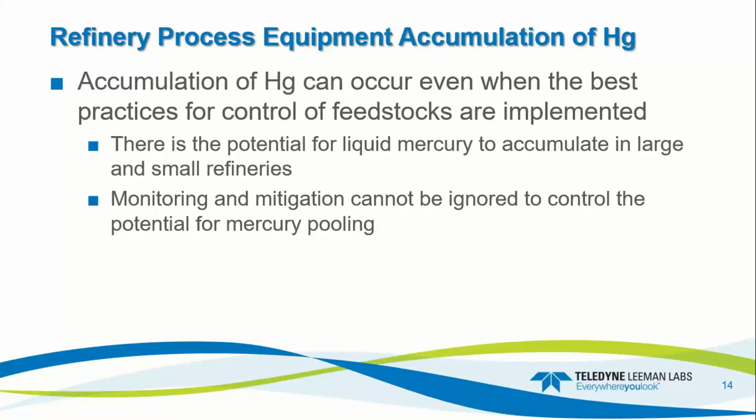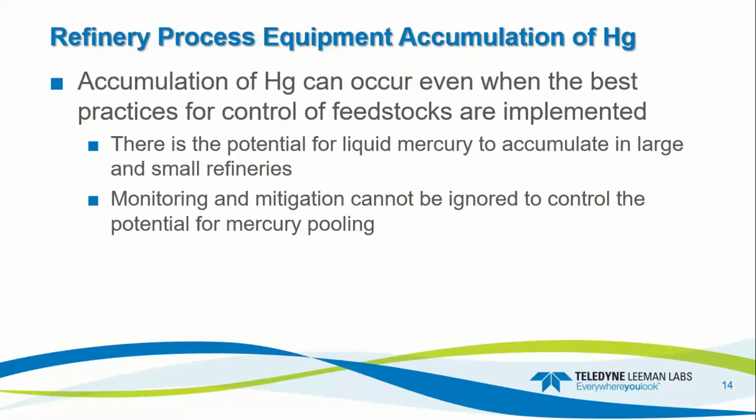So accumulation of mercury can occur even when they employ the best practices for controlling the levels of mercury in the feedstocks. There's a potential for liquid mercury to accumulate in large and small refineries. It does not discriminate.